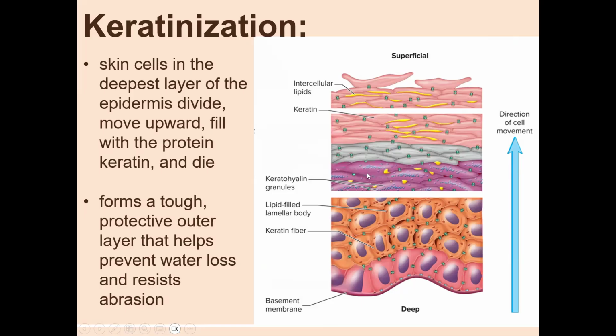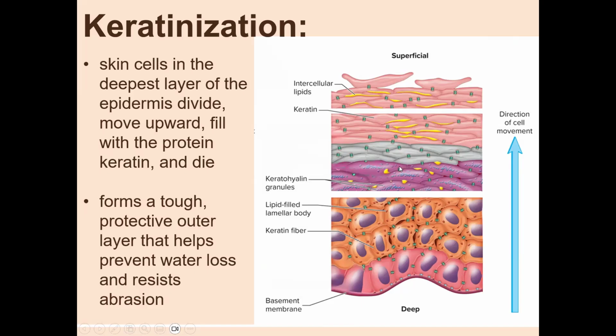Once we get to this middle layer, we start to see more keratinocytes, and they're producing more keratin and starting to fill our epithelial cells. They're going to fill with more and more keratin as they get towards the top layers. You can also notice they have no nuclei at this point, so they're dead cells.